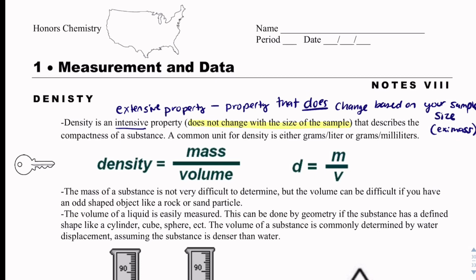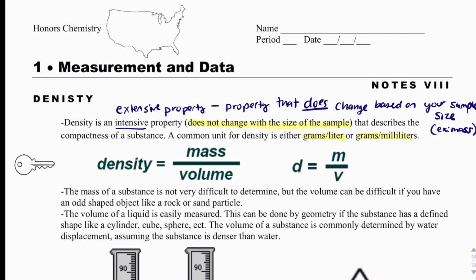extensive properties. So density, it's on your formula sheet that you'll get on a test, and it's just mass over volume. Now, mass has lots of different units. Volume has lots of different units. So what we tend to do is report density in grams divided by liters or grams divided by milliliters.